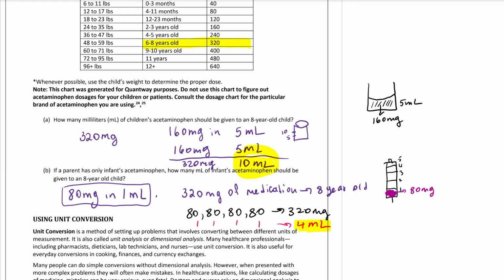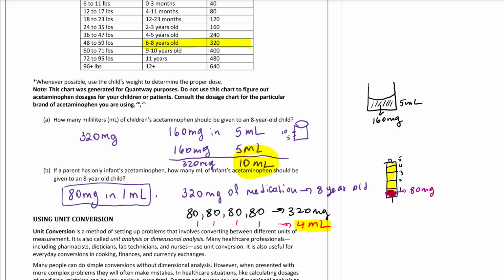They drink it and they're good. Now, if we're giving the infant acetaminophen to that child, then 4 ml is enough to administer the same dosage.